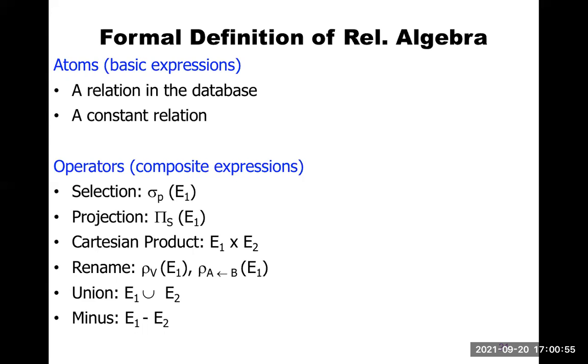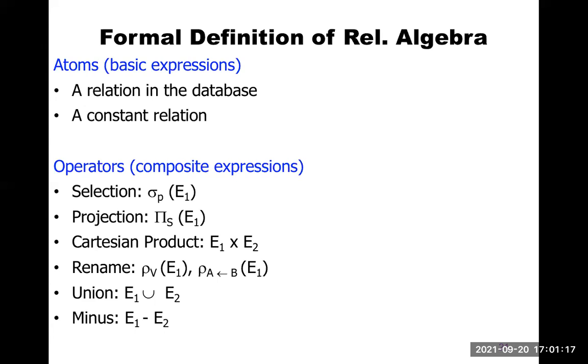I have a table of student, so that's an expression. If I run this query that consists of just an atom of student, the answer is just the contents of the student table. So essentially that's a query of please show me all the students. So the name of a relation is an atom.